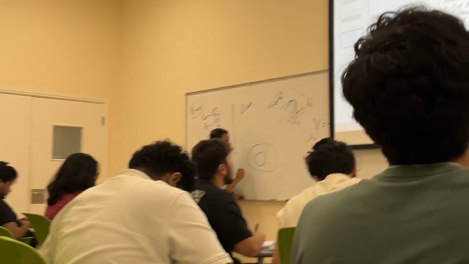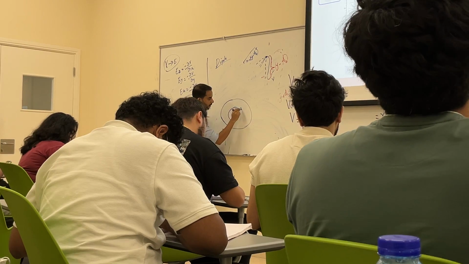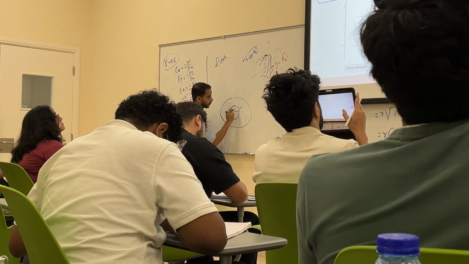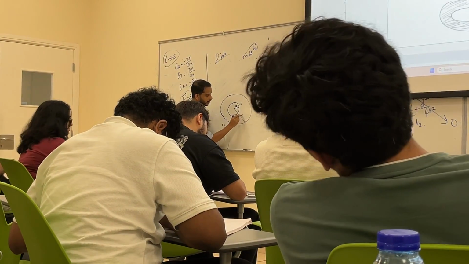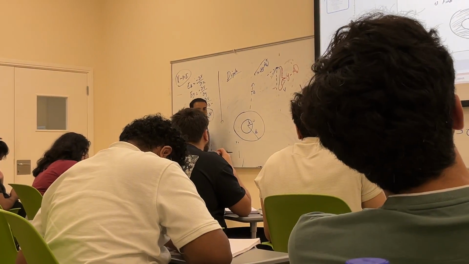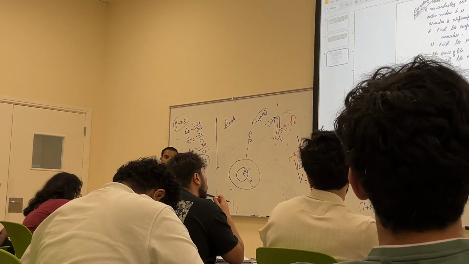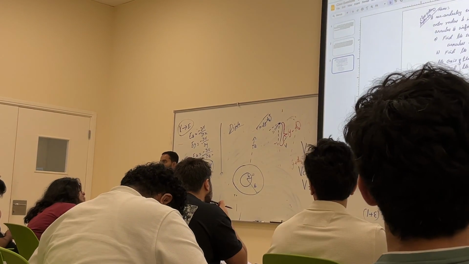This is an annulus, which means a cut disc. It has an inner radius this one and an outer radius this one, and it asks you to find the potential at a point on the z-axis, right?